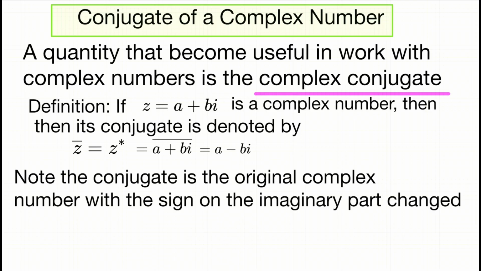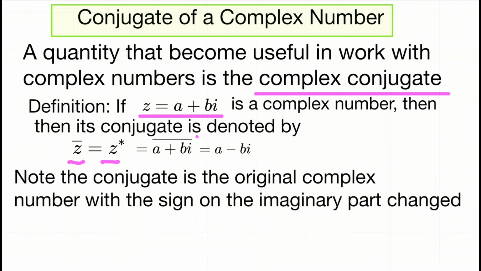So first of all, let's go back to our basic definition of a complex number. C is equal to a plus bi, where i is the square root of minus 1. That's a complex number. Now the conjugate, we can designate this by a line over the top or a star, or some people use a little cross.